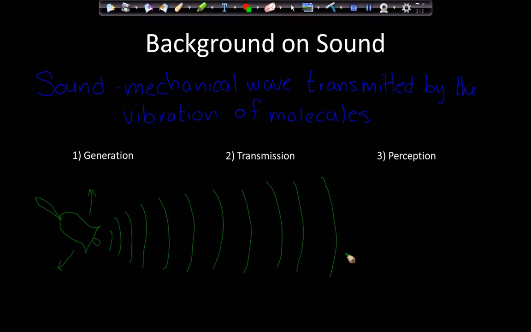And then the final stage in sound movement and transmission is actually the perception of sound. So I'm going to have a man here who has some very big ears. And he is able to detect this vibration of molecules traveling through the air and perceive it. So in this example, my dinner bell is the source of my sound, and my man here is my observer.